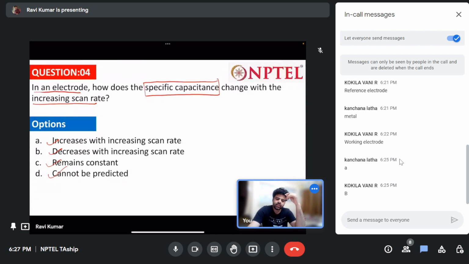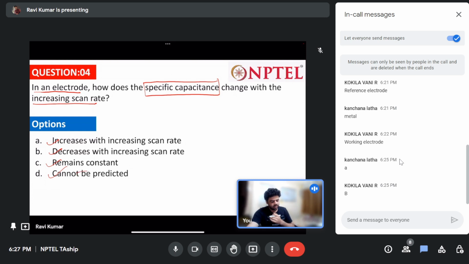Actually, you can think of this question like this: if there is anything and there are many cycles, the properties of that thing will reduce or be affected negatively. So here also, specific capacitance will decrease with an increase in the scan rate.